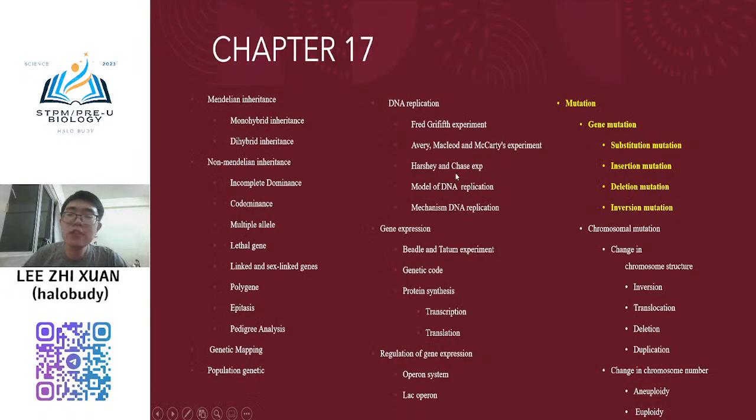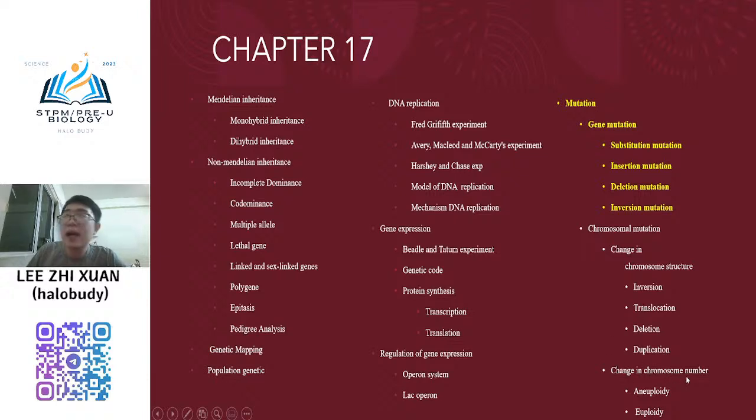So mutation. I think you already learned this in SPM Biology. You know that for mutation we have two main types, gene mutation and chromosomal mutation. Gene mutation has four types: substitution, insertion, deletion, and inversion. Chromosomal mutation has two subclasses: either a change in chromosome structure or a change in chromosome number.